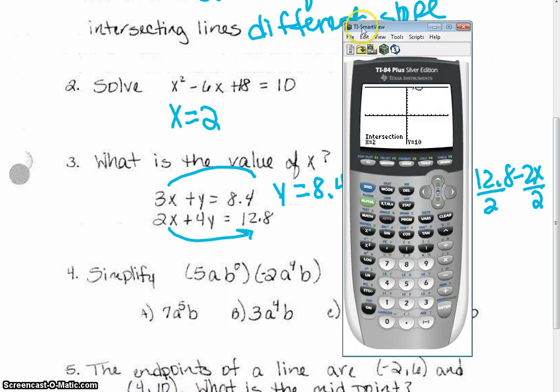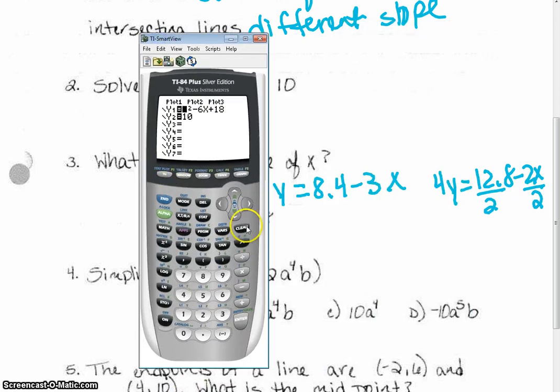So when we go to y equal, we clear everything out, and at y1, we're going to put the first equation, 8.4 minus 3x. And at y2, we're going to put the second equation, which is going to be 12.8 divided by 2 minus 2x divided by 2.